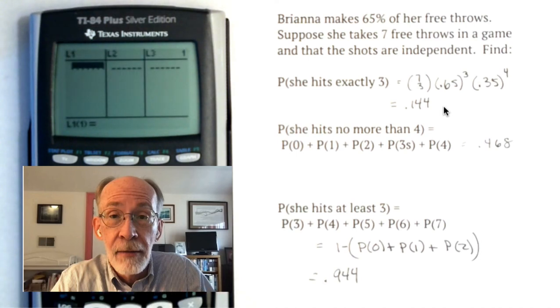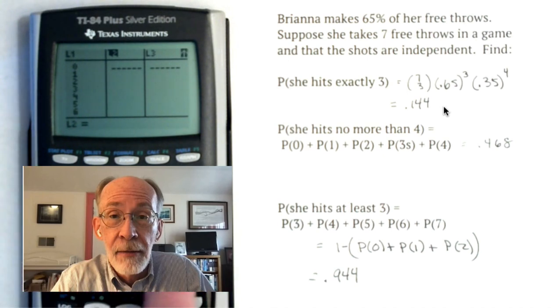You can enter in one column the numbers of successes that are possible. And that's, in this case, anything from 0 to 7 because there were 7 trials. There are slicker ways to enter lists of this kind, but you can certainly do it by brute force. And then we can arrow up to the top of some other convenient column, and we can pull up this binompdf command.